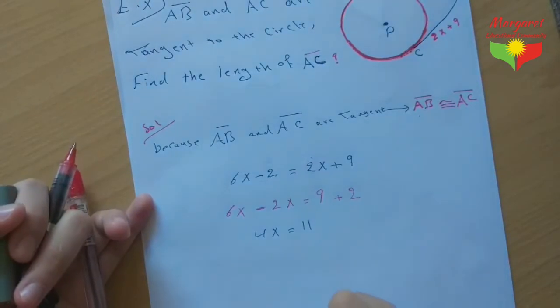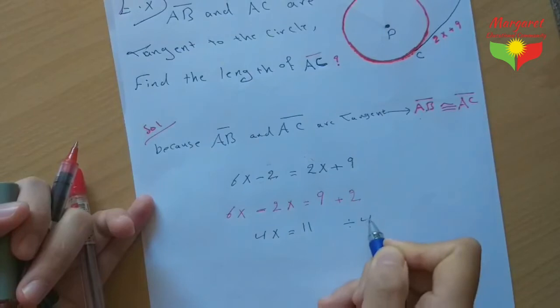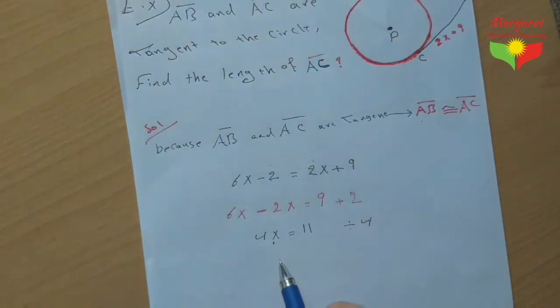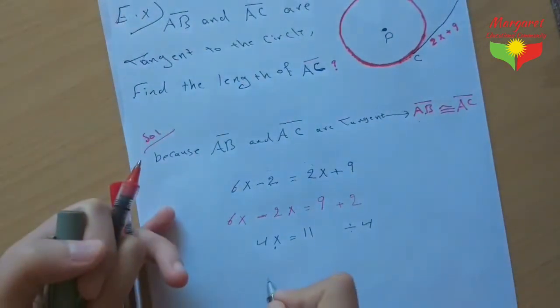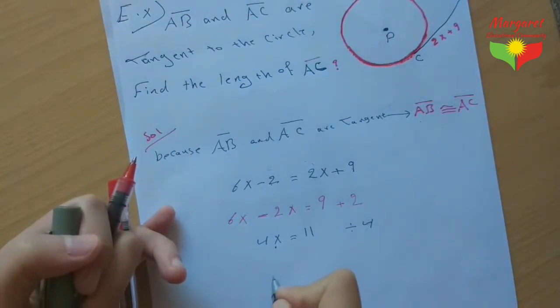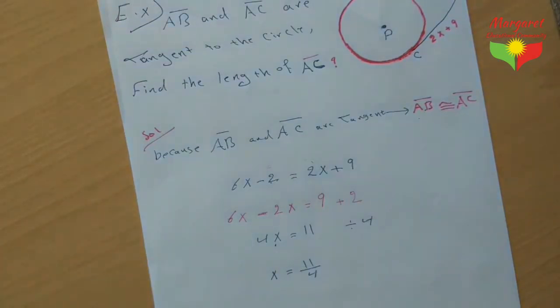After that, divide both sides by 4 because the coefficient of x is 4. So x is equal to 11 divided by 4.